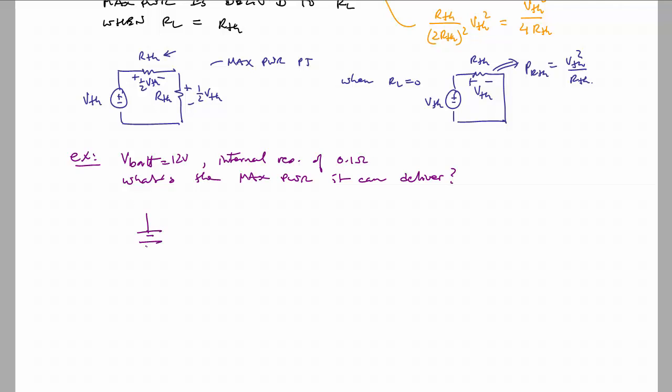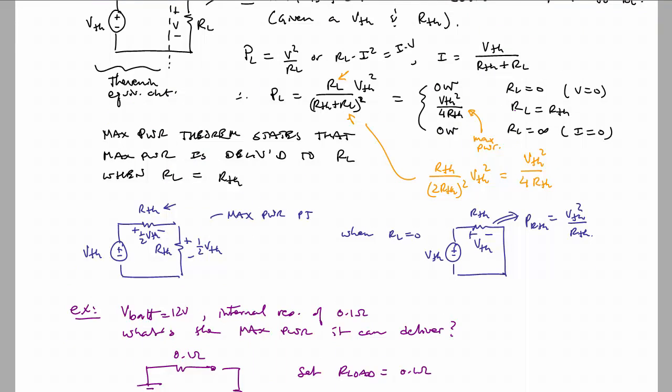So we have 12 volts and 0.1 ohms, and the question is, if I connect some load here, what is the maximum power that can be delivered to that load? Well, it will be found when our load RL is equal to 0.1 ohms, R Thevenin. And we could use the formula above. Let me rewrite it actually.